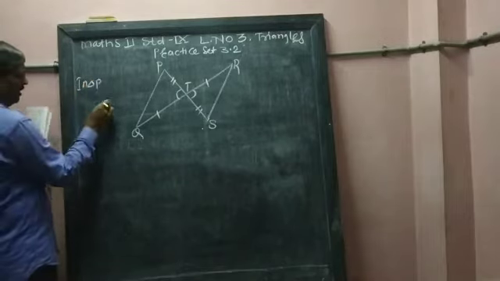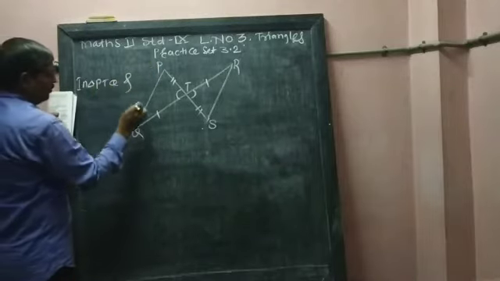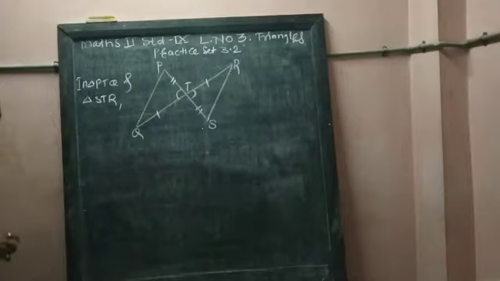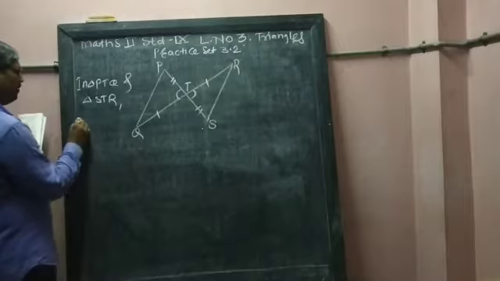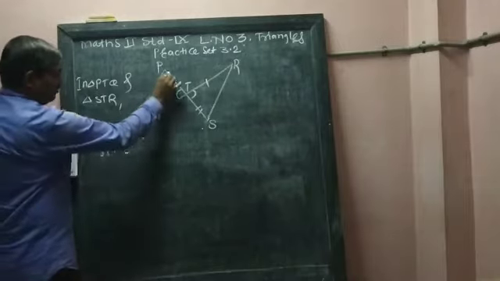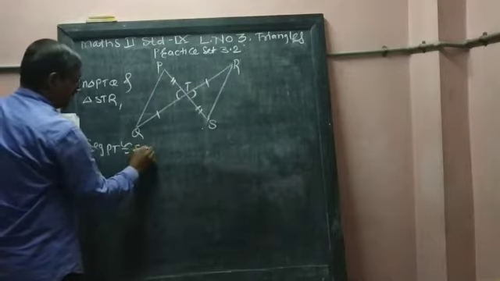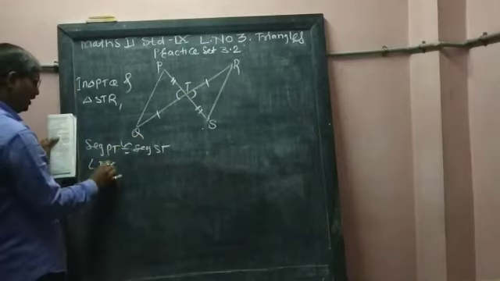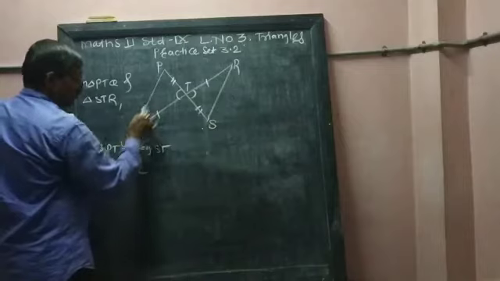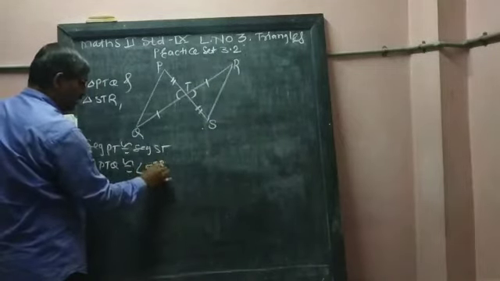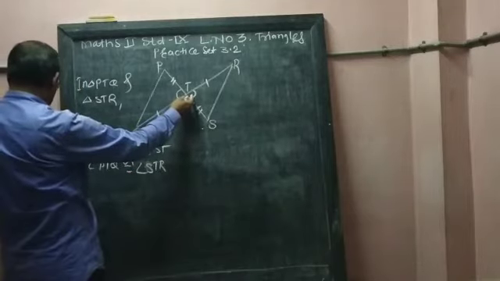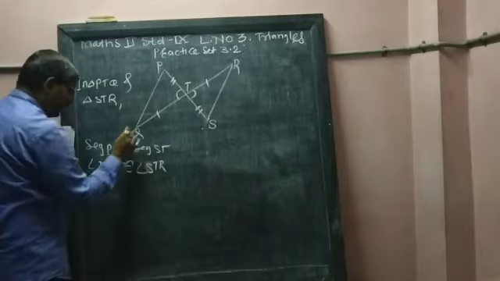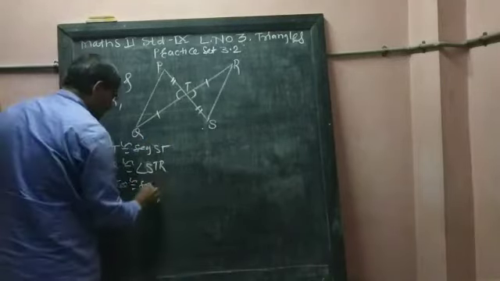I will write here: in triangle PTQ and triangle STR, seg PT has double marks, so here also a double mark, congruent to seg ST, since P is opposite S. Then angle PTQ is congruent to angle STR, since P is opposite S and Q is opposite R. The next, seg TQ is given, and Q is opposite R, so TR will come: seg TQ is congruent to seg TR.